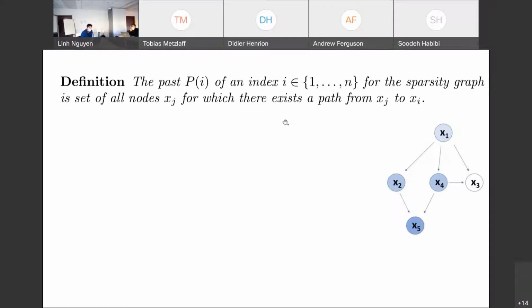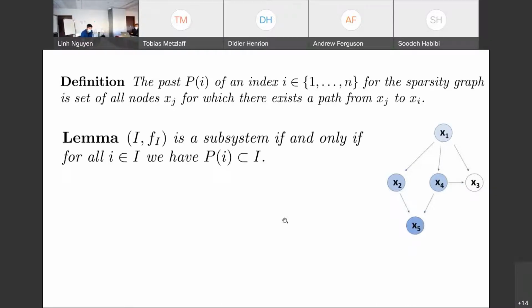So in graph theoretical notion, that means an element is in the path of a node if there exists a path in our directed sparsity graph from the element towards the node that we are considering.